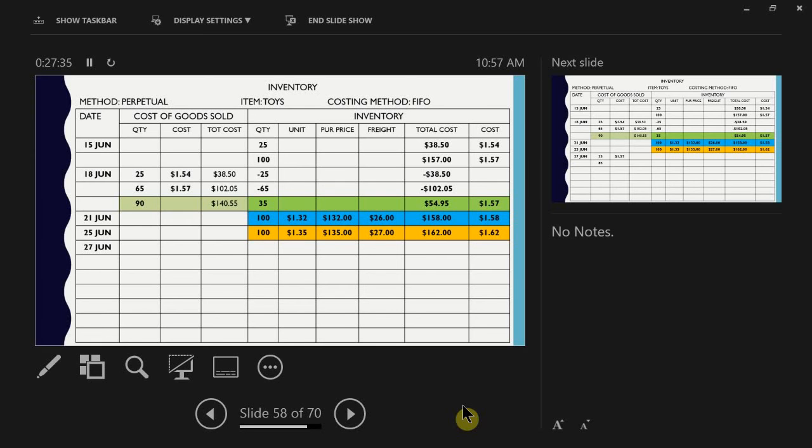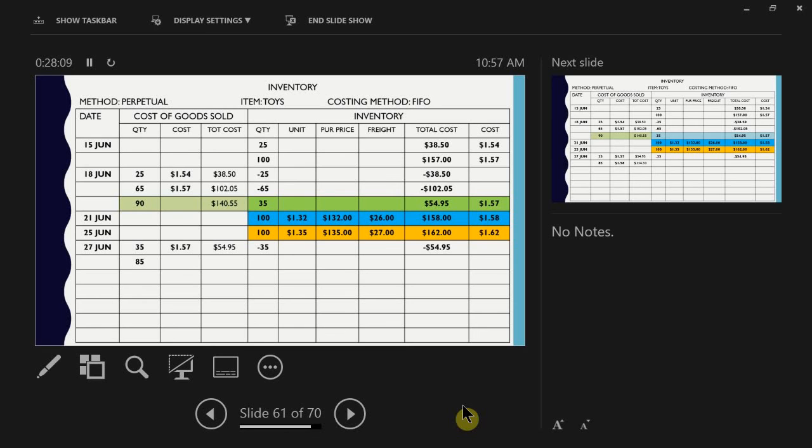So which batch am I going to take from first? The green one, the 35. Yes, we take away from the 35 first, which we know to be $1.57, which gives me a grand total, as we know, of $54.95. We're going to subtract the green out.